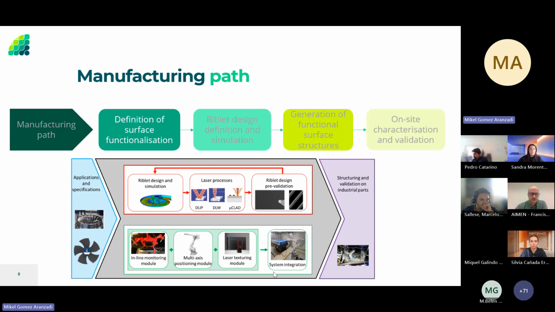And in parallel, we have developed an inline monitoring module, a multi-axis positioning module, and a laser texturing module, and we have integrated everything in a prototype. The texturing validation and characterization is something we are working on right now, because the project is ending in May 2026.